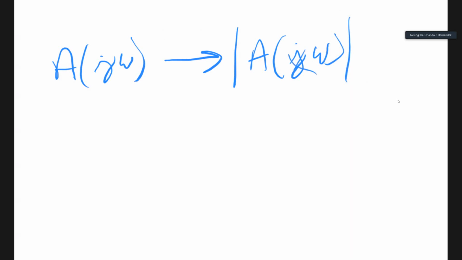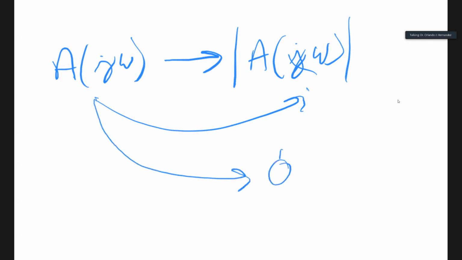It'll be a real quantity. But to go from here to there, that's usually a lot of algebra. And to a lesser extent, to get from here to the phase, there is also a little bit of algebra involved.